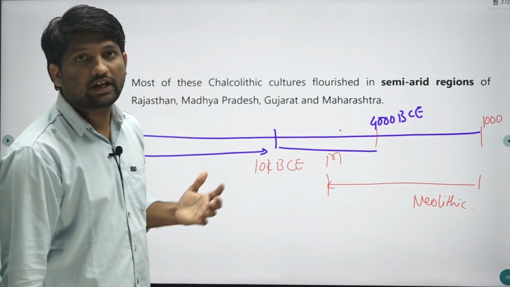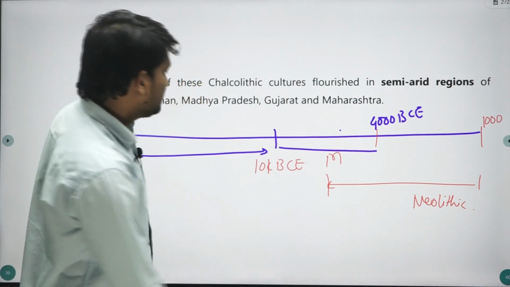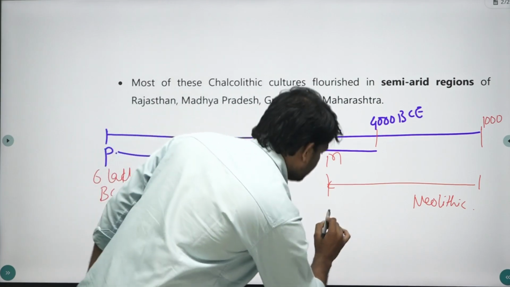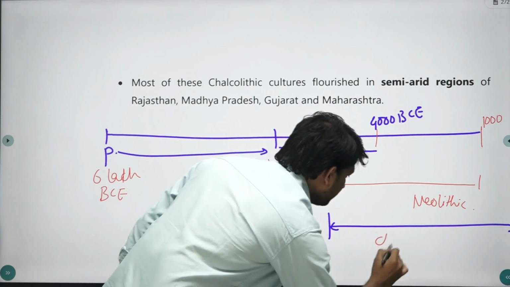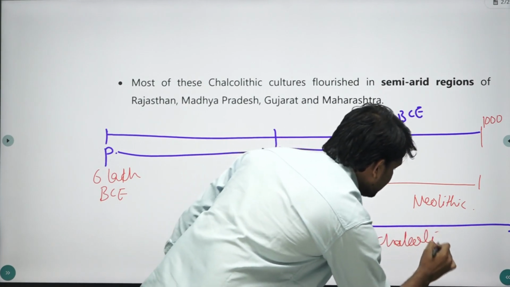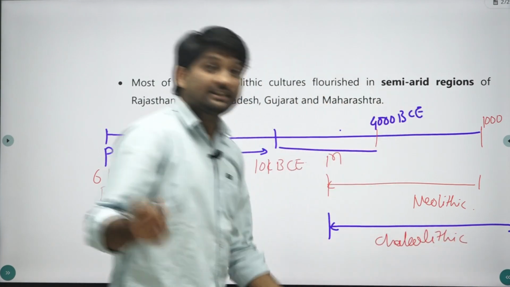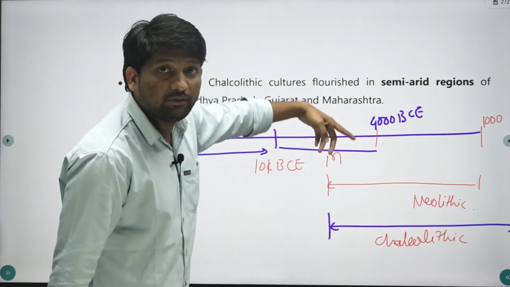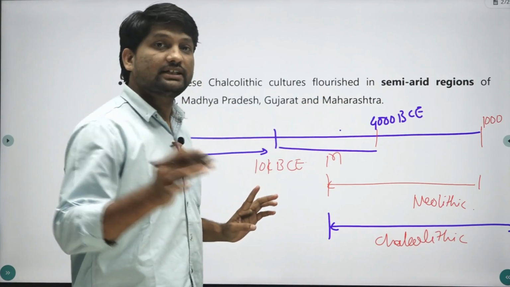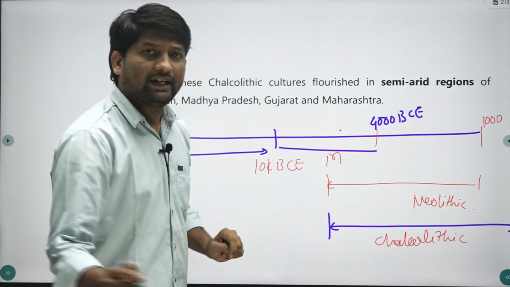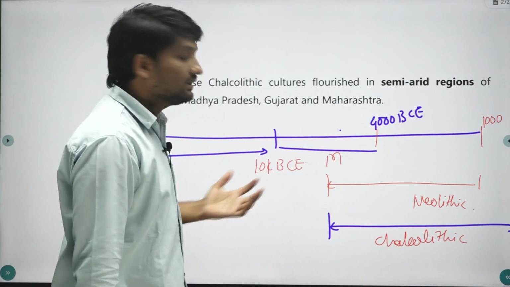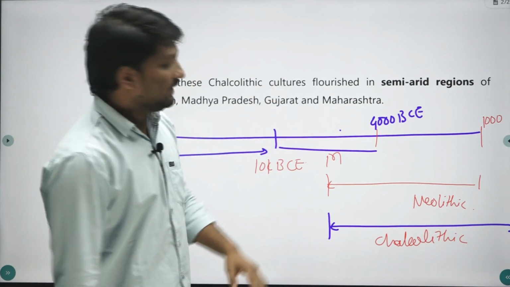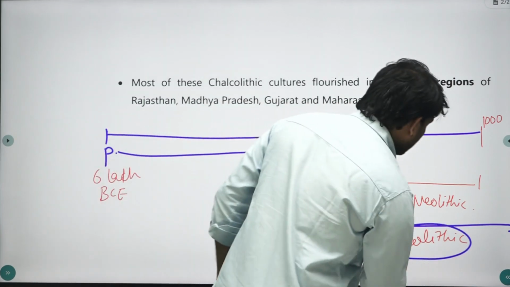Today we are going to see the Chalcolithic culture, which starts around 4000 till 700 BC. So in some places during this period people were using microliths, we call this culture Mesolithic. In another region people may have used polished stone tools, we call this Neolithic culture. In some places people were now using copper.